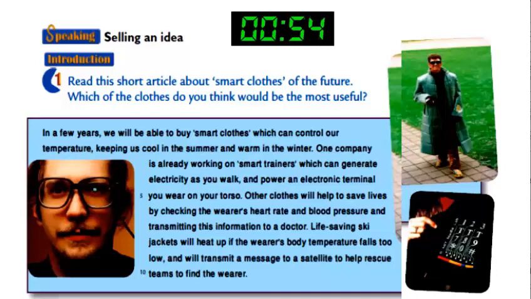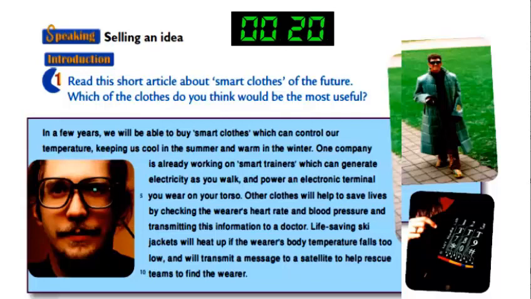One company is already working on smart trainers that we wear on our feet, which can generate electricity as you walk. Power an electrical terminal you wear on your torso. Other clothes will help to save lives by checking the wearer's heart rate and blood pressure and transmitting this information to a doctor.